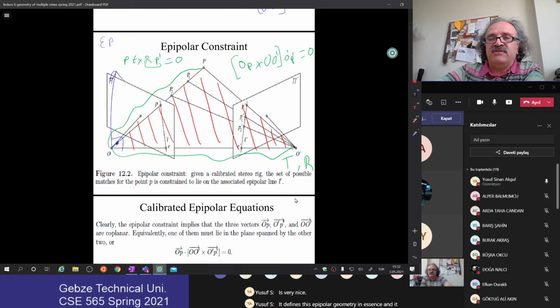For P hat, I would write KL minus 1 P, transpose, E, and for P prime hat, I would write KR minus 1 P prime, equal to 0.